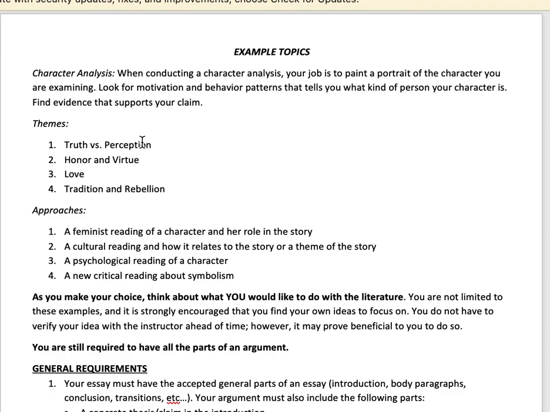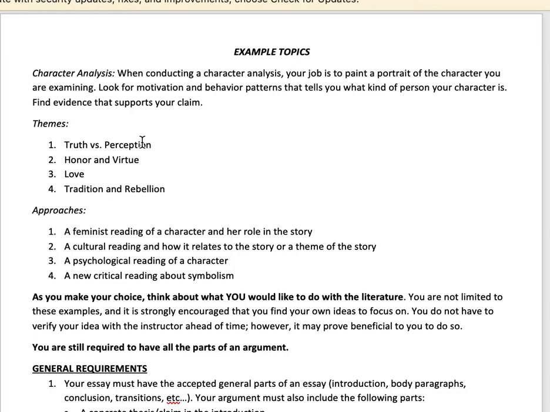If you look at this, I've given you guys some example topics that you could think about here. So if you're looking at characters, look at things that help paint a portrait of that character that you're examining. Look at motivations and behavior patterns, and then find evidence or quotes that show your audience that.